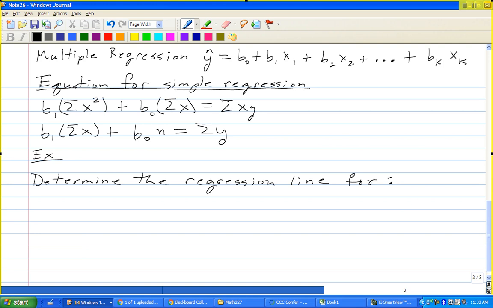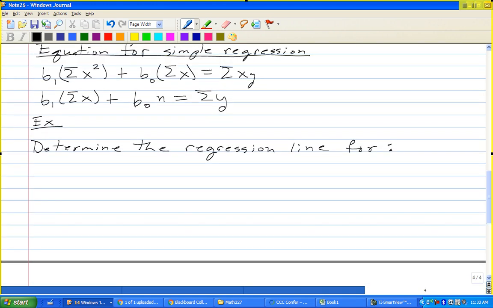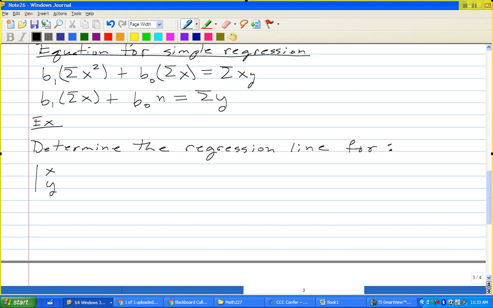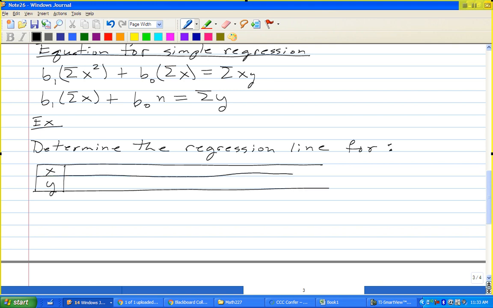And maybe I'll write it this way. 34, 35, 4, 37, 5, 36, 32, 6, 34, 5, 30, 10, 38, 3, 42. Okay.